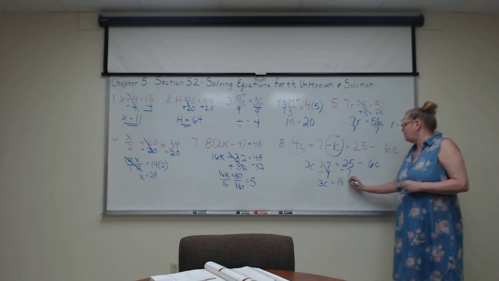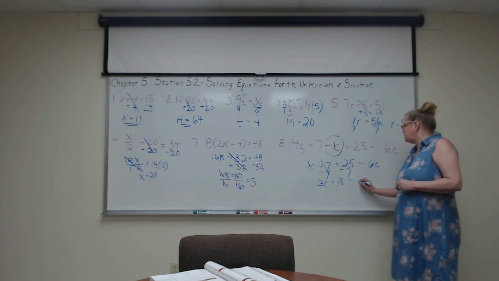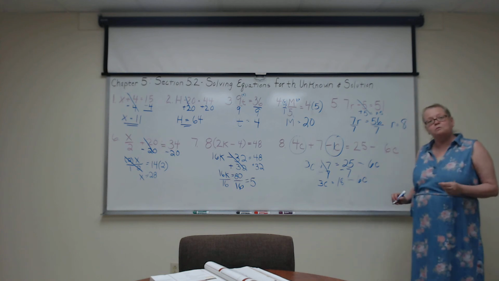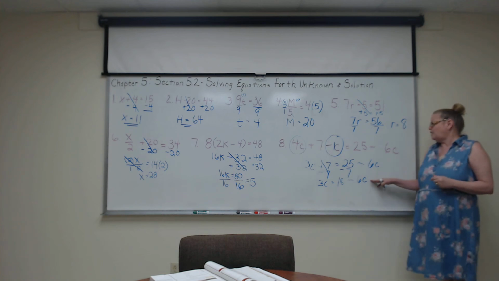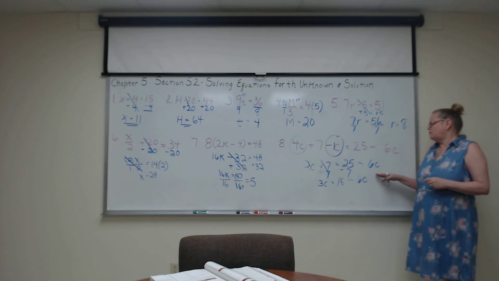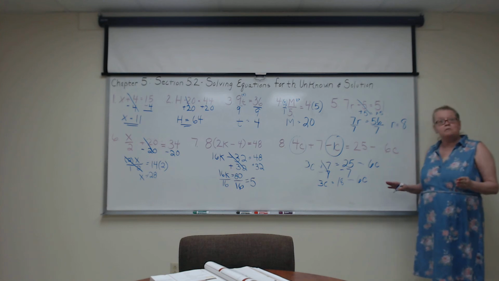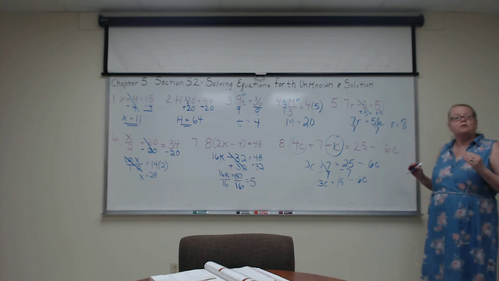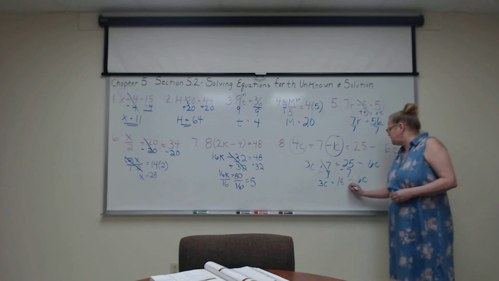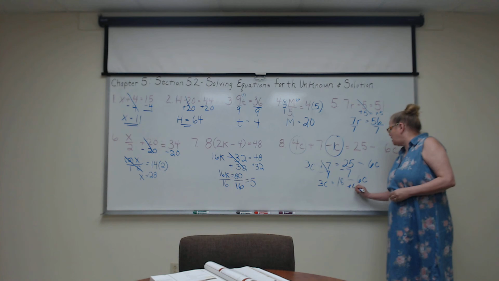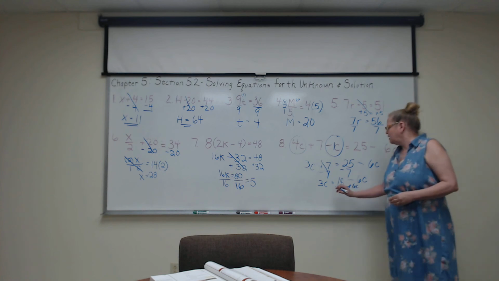But then we have a minus 6C. It's the first time we have seen a letter on both sides. How do you deal with that? The same way you dealt with numbers. We want to get rid of it. How do we get rid of it? This is a minus 6C, so we're going to add 6C to that side.